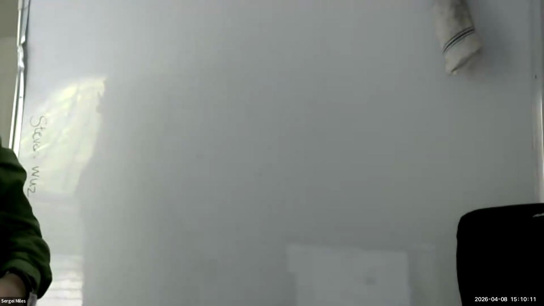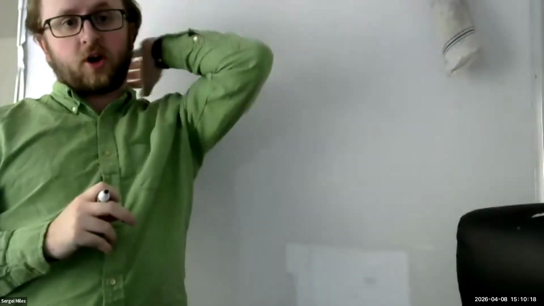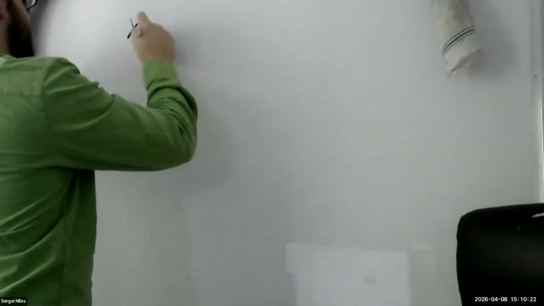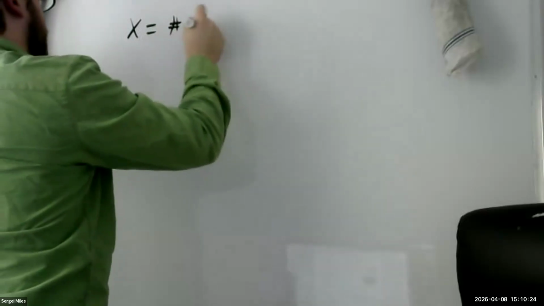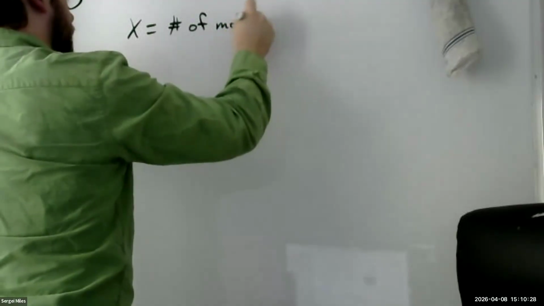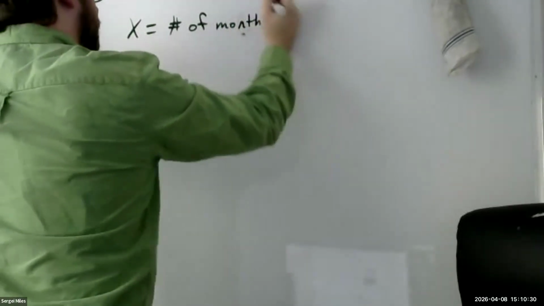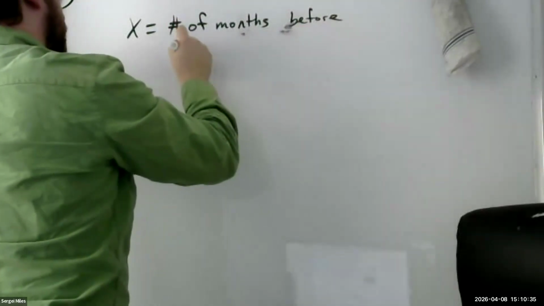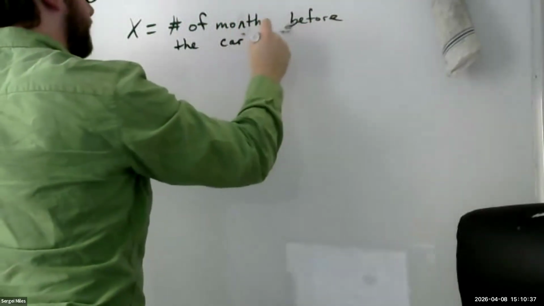Now assuming it's equally likely to break down, let's let X be how many months pass before the car breaks down. So X is the number of months before the car breaks down.